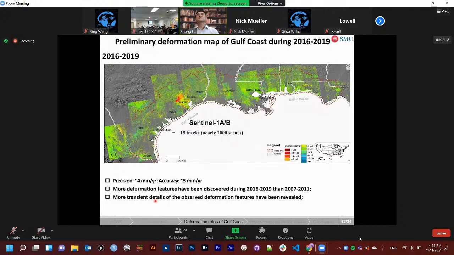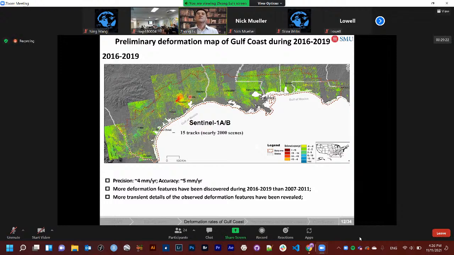So here is another average deformation map. This also takes enormous time, based on data from 2016 to 2019 to 2020, because Sentinel-1 is a revolutionary sensor, with large area regular acquisitions. It's free data for anybody, right? Early SAR data were not free and only available to investigators through proposal or through some commercial means.